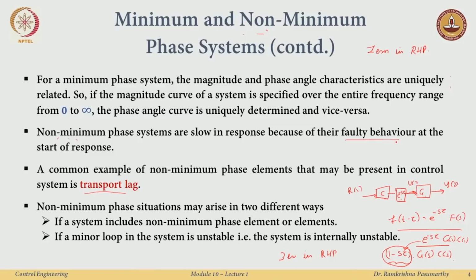So we will talk of these two points also. A non-minimum phase situation arises when the system has a non-minimum phase element or a minor loop inside the system which is internally unstable.